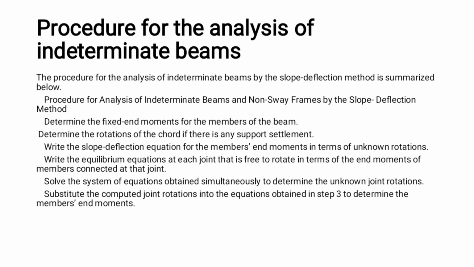Write the equilibrium equations at each joint that is free to rotate in terms of the end moments of the members connected at the joint. Solve the system of equations obtained simultaneously to determine the unknown joint rotations. Substitute the computed joint rotations into the equations obtained in step 3 to determine the members' end moments.